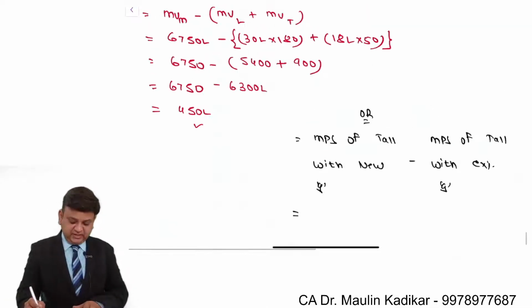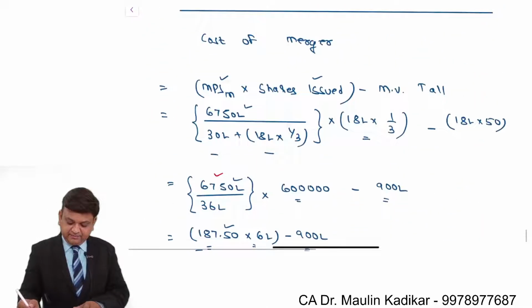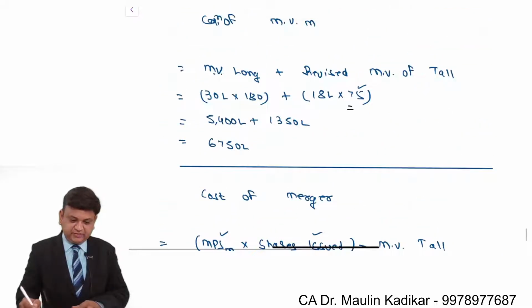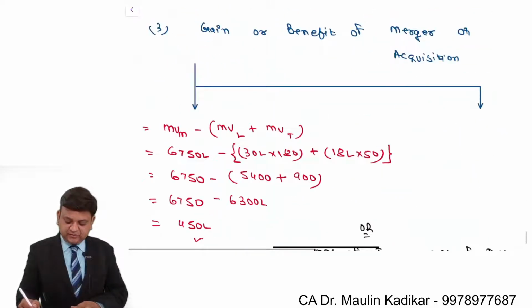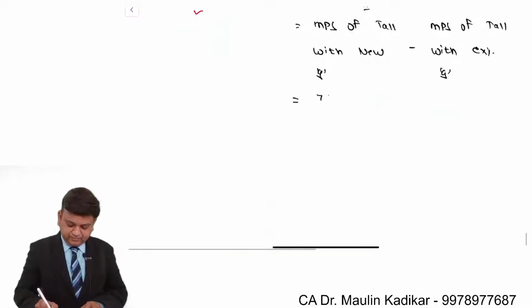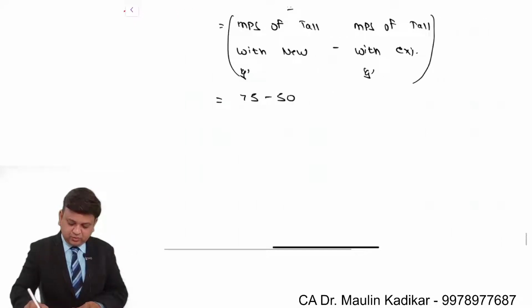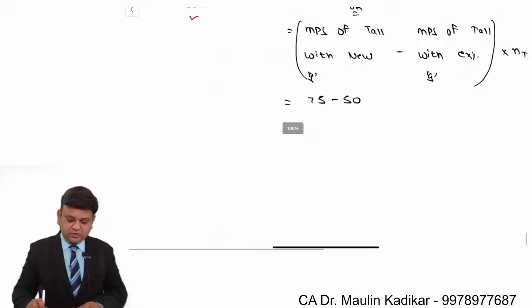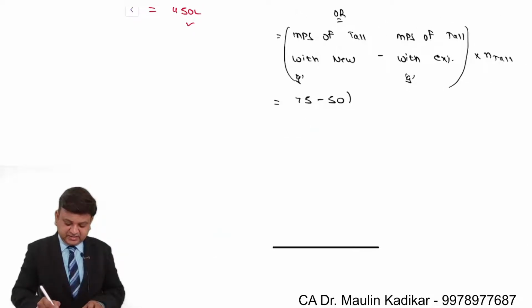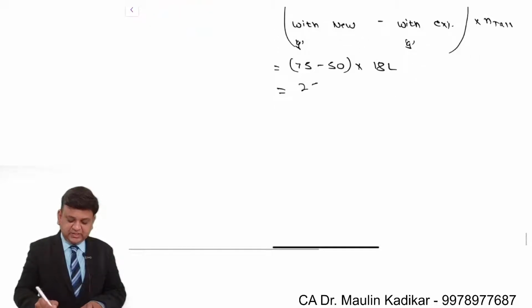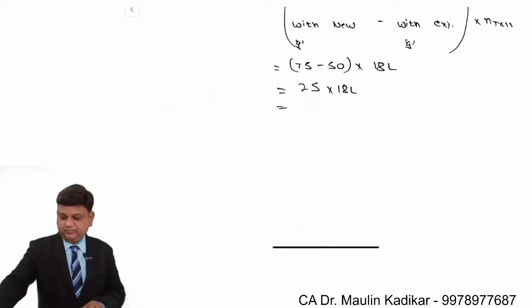Dear students, we can see that with the new growth rate, MPS is an amount of rupees 75 per share, and previously it was 50. Whole into number of shares of Tall Limited. How many shares of the Tall Limited? It is 18 lakhs. So there is an increase of 25 rupees per share into 18 lakhs. And that comes to once again 450 lakhs.